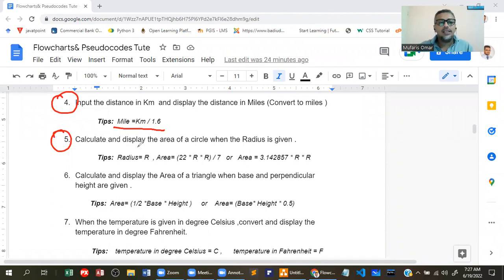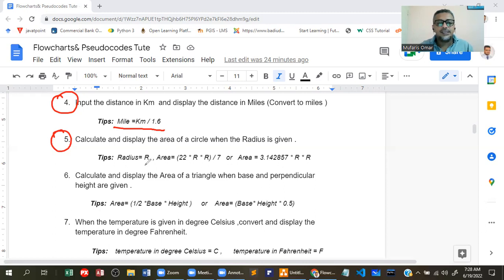Second one, calculate and display the area of a circle when the radius is given.